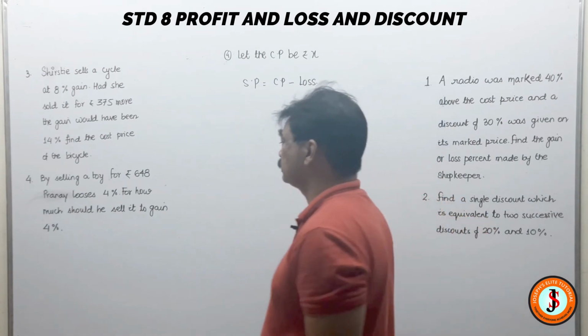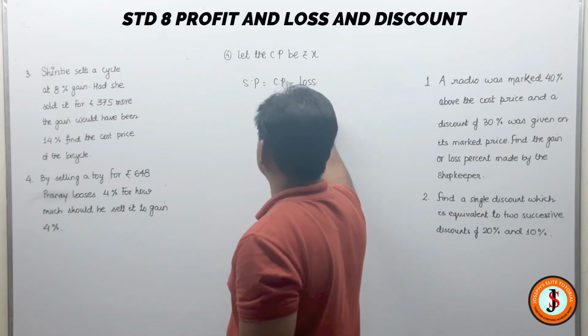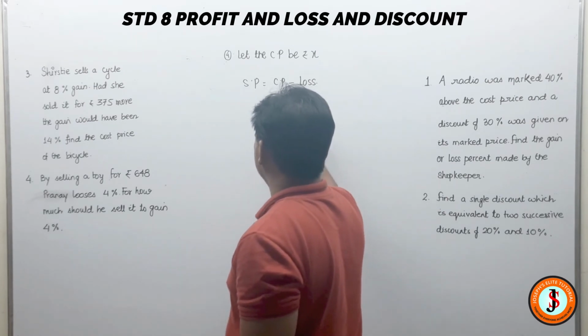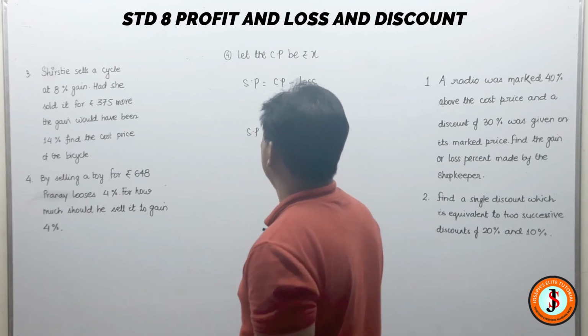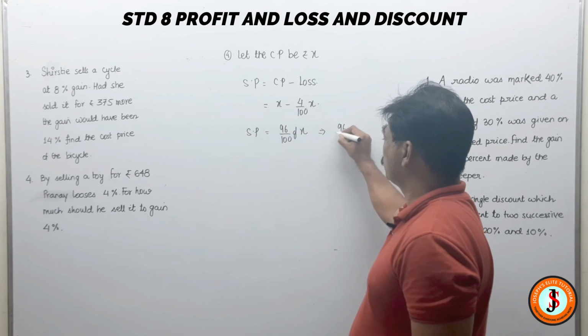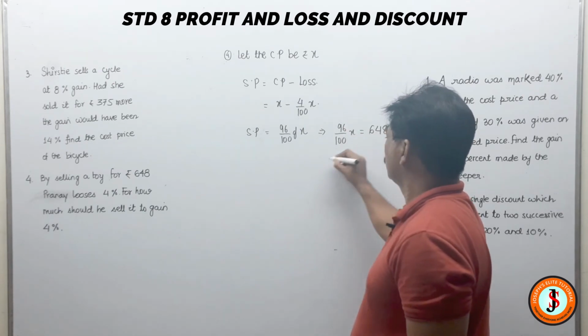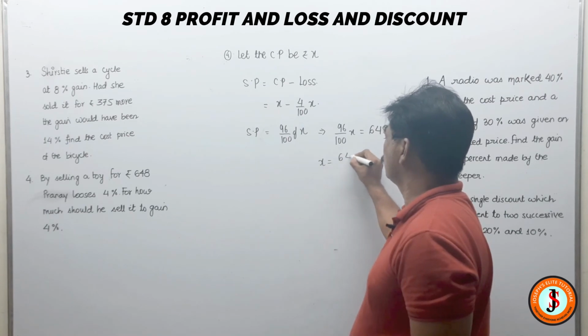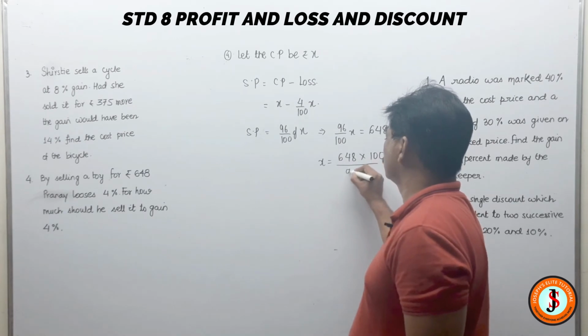So SP is CP, X minus 4% of X, that is 96% of X is the SP. But SP is given. 96% of X is equal to 648. That means X is equal to 648 into 100 by 96.